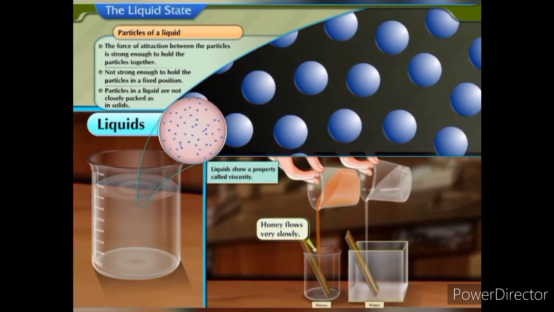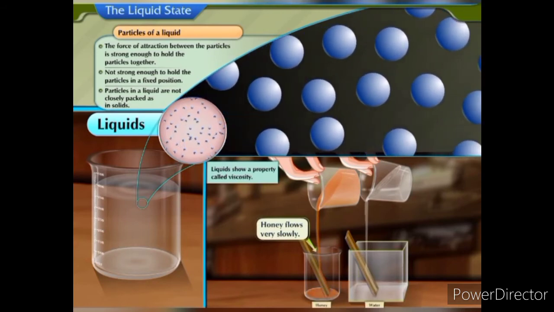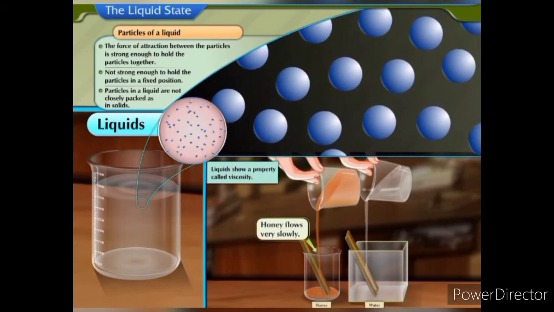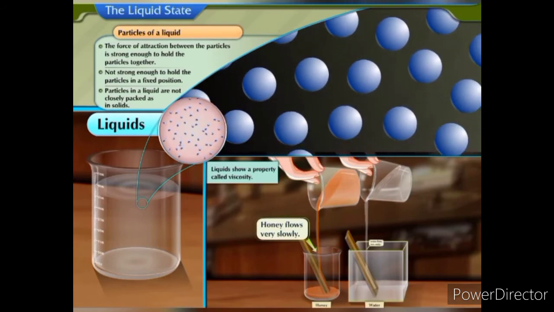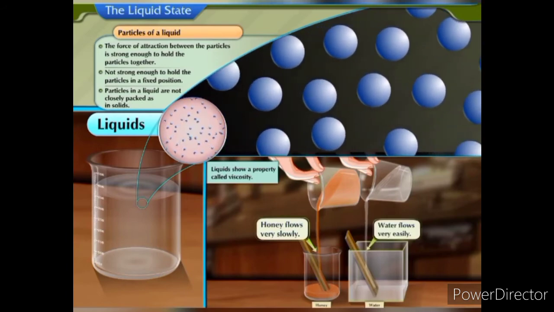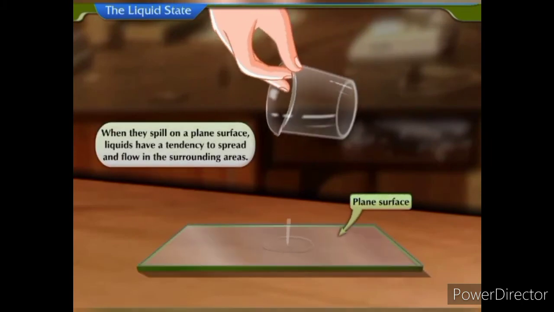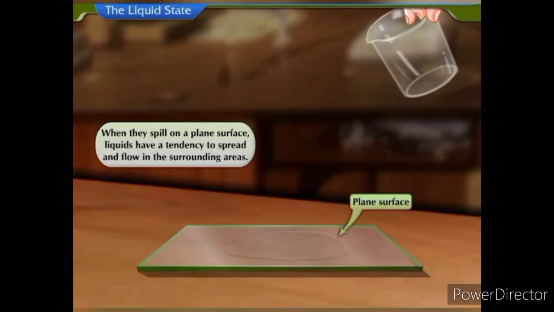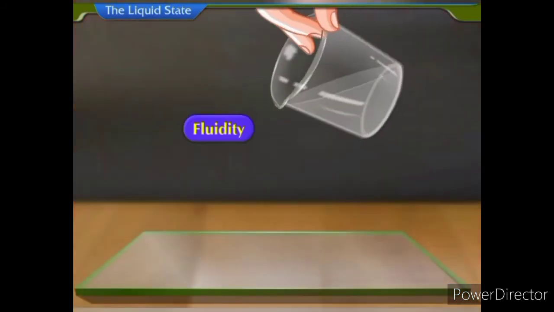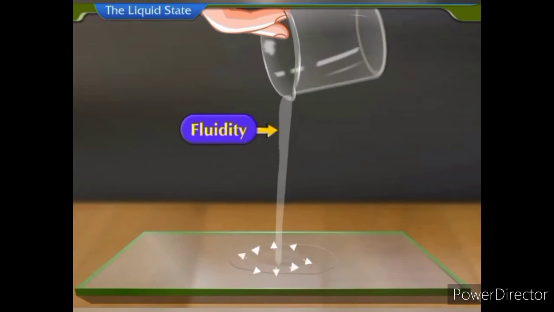More viscous liquids flow slowly, while less viscous liquids flow easily. When they spill on a plane surface, liquids have a tendency to spread and flow in the surrounding areas. This property is called fluidity.